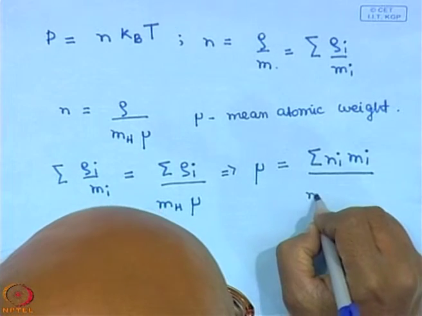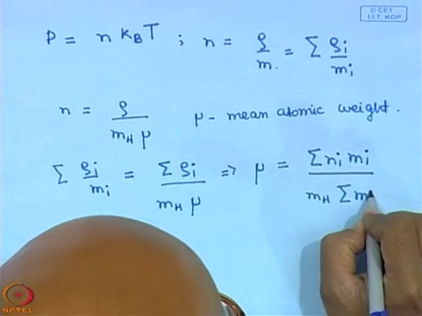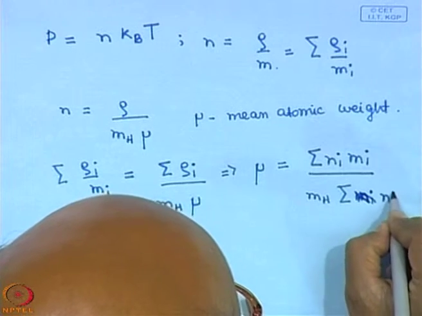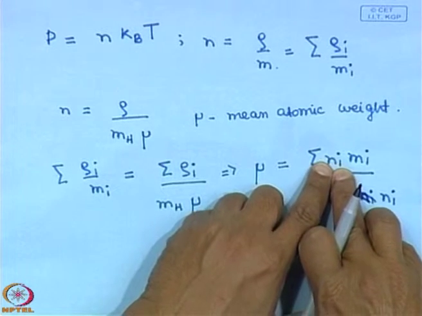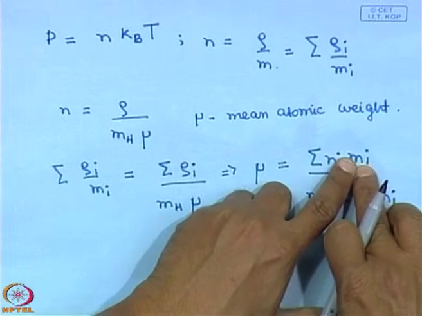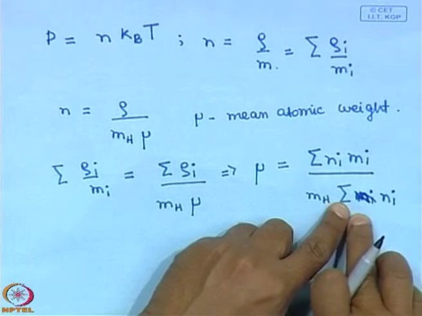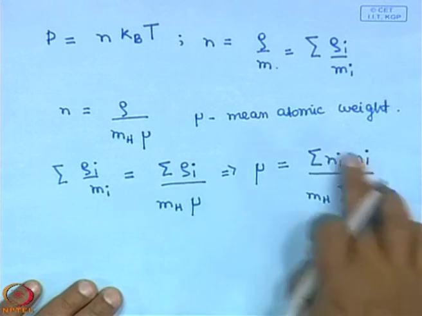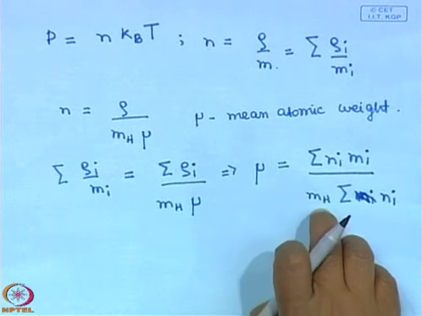So it is, this is N_i. Right. So it is essentially the number density of each species into the mass of each species divided by the sum of the number densities of all the species into the mass of the hydrogen atom. That is what you mean by the mean atomic weight, right, in units of the mass of the hydrogen atom.